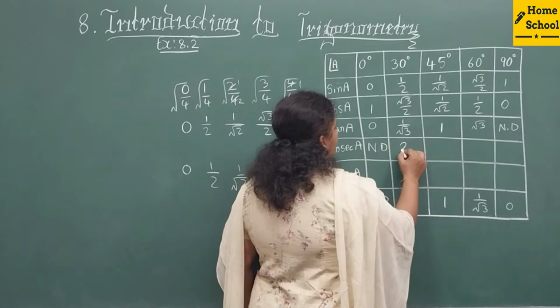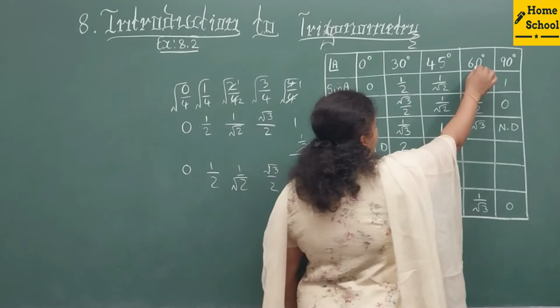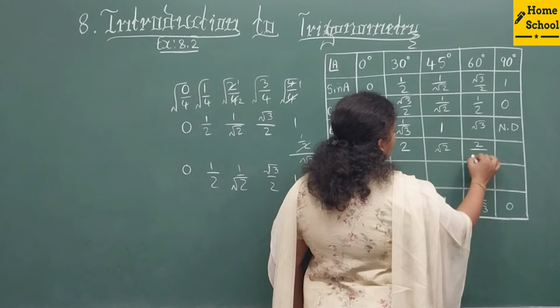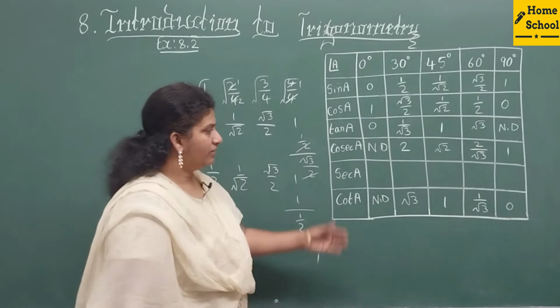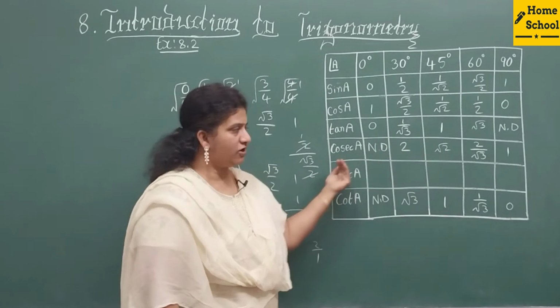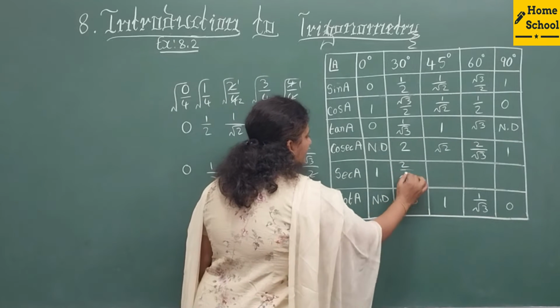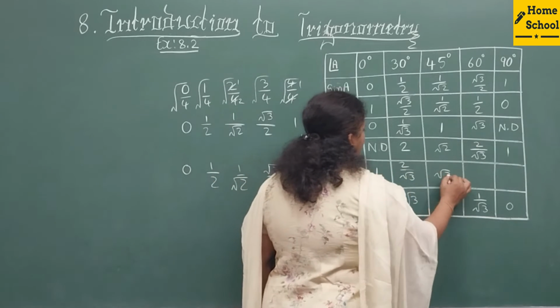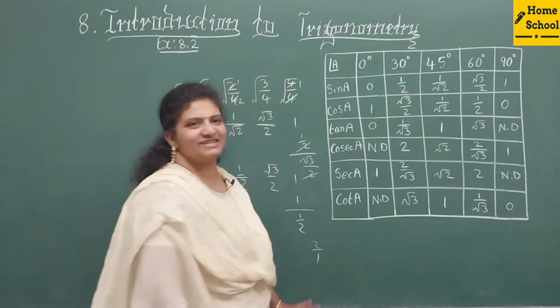In the same manner, 1 by 1 by root 2 is root 2. 1 by root 3 by 2 is 2 by root 3. 1 by 1 is 1. Now say the reverse order for secant A: 1, 2 by root 3, root 2, 2, not defined. That's it. Your table is ready.